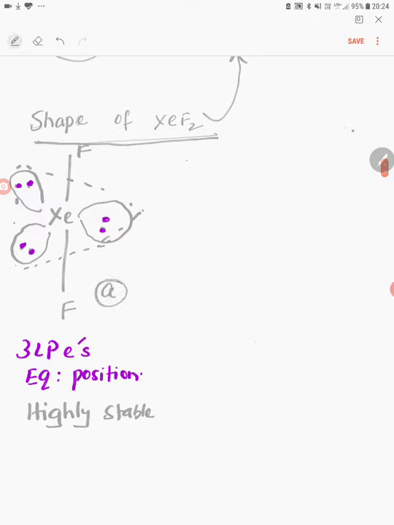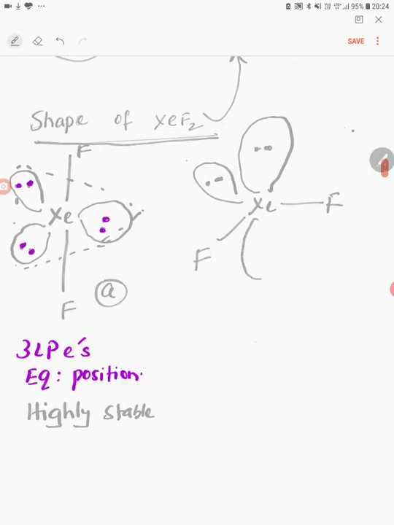Coming to the next structure, you can have xenon here. We can say that one fluorine can be in the equatorial position, and this is one more equatorial position. One lone pair of electrons can come here, and the other lone pair can be in the axial position.